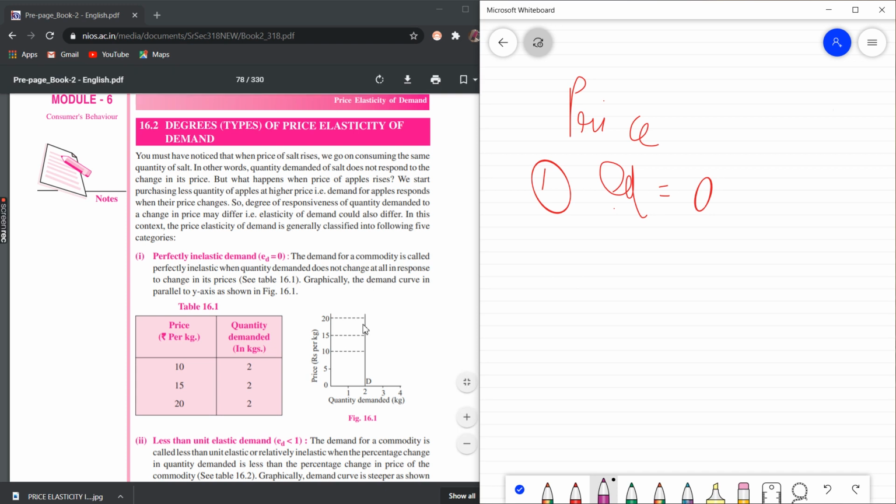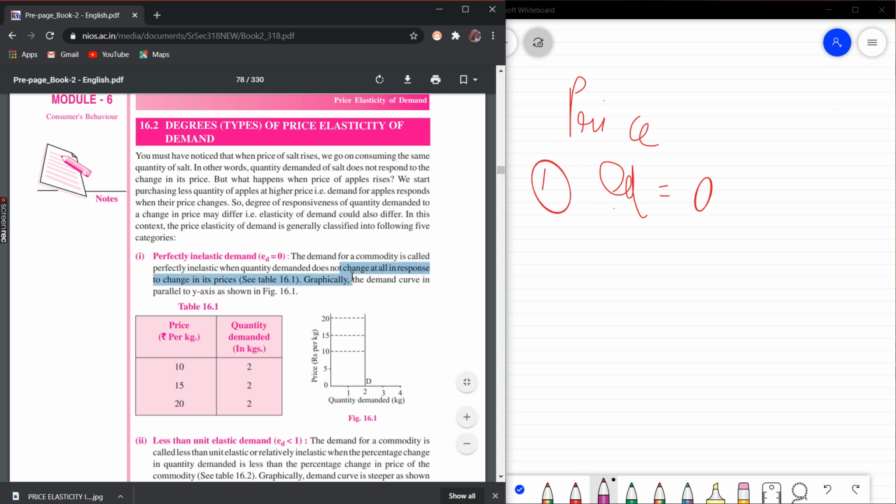It will be parallel to the y-axis. This is what they will ask, so keep on checking out with the graphs.